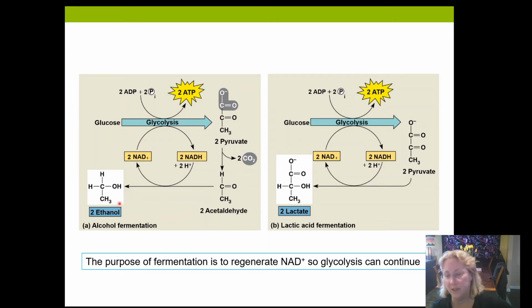Of course, there are bacteria that can survive that, but most bacteria are going to be poisoned by it. Yeast fermentation produces carbon dioxide and ethanol, which is a 2-carbon alcohol, but it accomplishes the exact same thing as lactic acid fermentation: it reoxidizes NAD so that glycolysis can continue to produce its small amount of ATP.